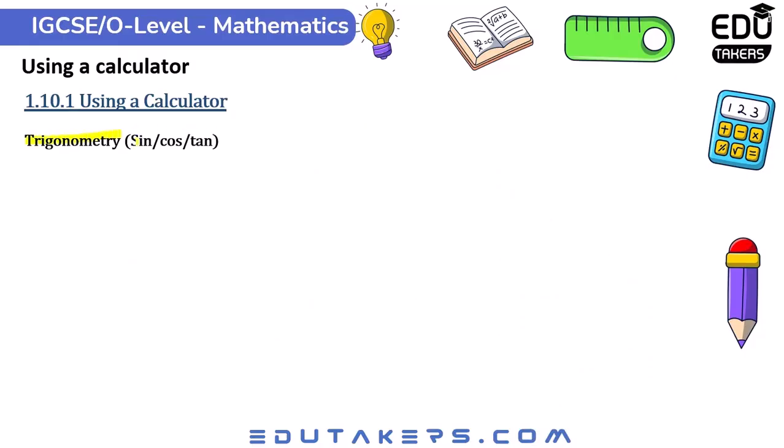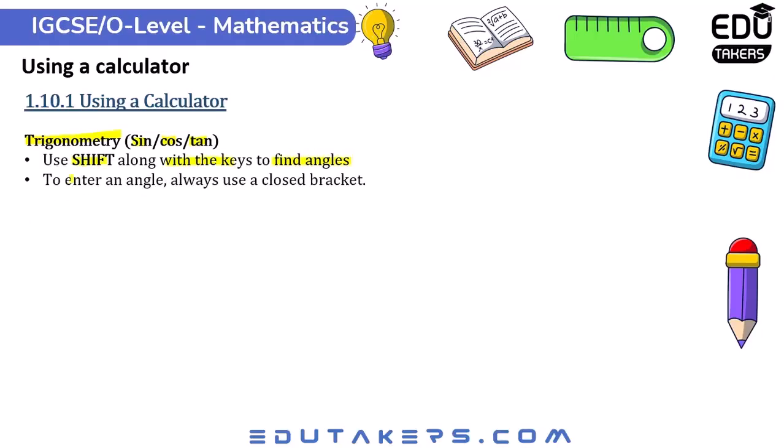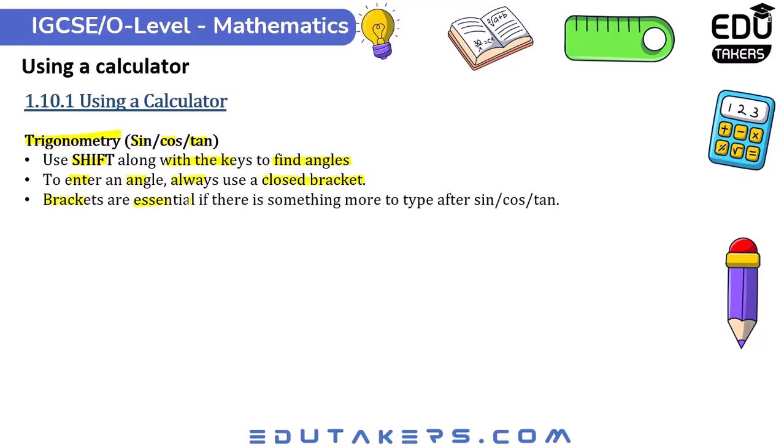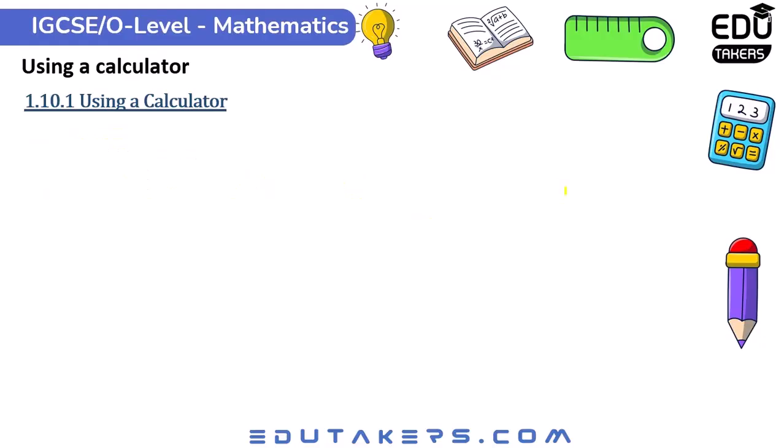For trigonometry, sine, cosine or tangent, use shift along with the keys to find angles. To enter an angle, always use a closed bracket. Brackets are essential if there is something more to type after sine, cos or tangent.